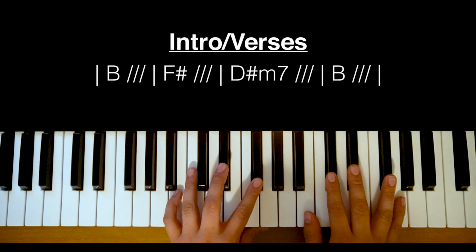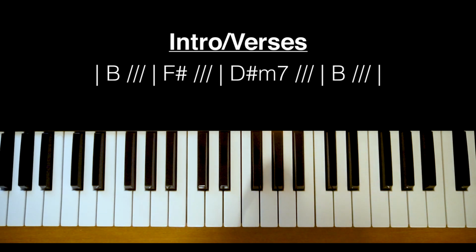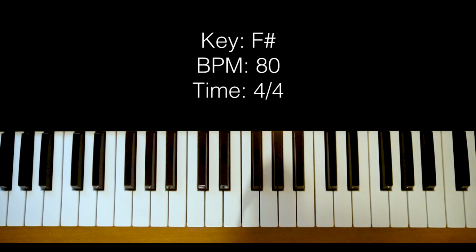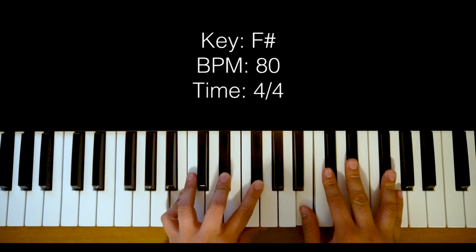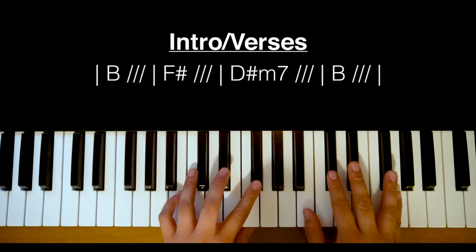I'm going to play it once, and then I'm going to slow it down so that you guys can practice it at a slower pace. But before I dive into that, I think I forgot to mention the BPM that I recommend. I recommend 80 BPM, and it is in 4/4 time. So let's dive in. Okay, so this is how the intro goes. 1, 2, 3, and.